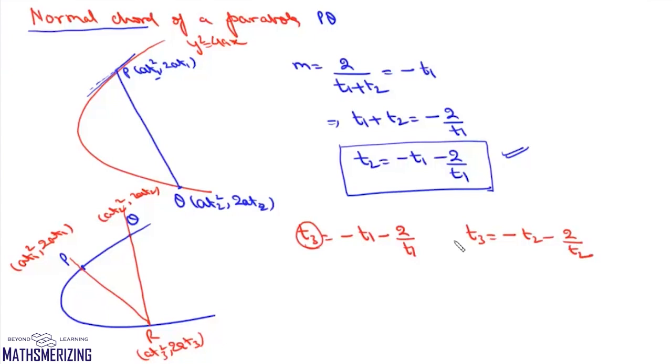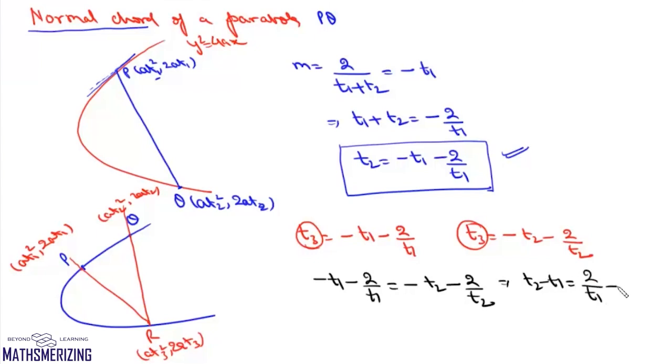Now what we'll do is we'll eliminate this t3. We can write minus t1 minus 2 upon t1 equals minus t2 minus 2 upon t2. So now we'll take t2 on the left hand side and minus 2 upon t1 on the right hand side. We can write t2 minus t1 equals 2 upon t1 minus 2 upon t2.